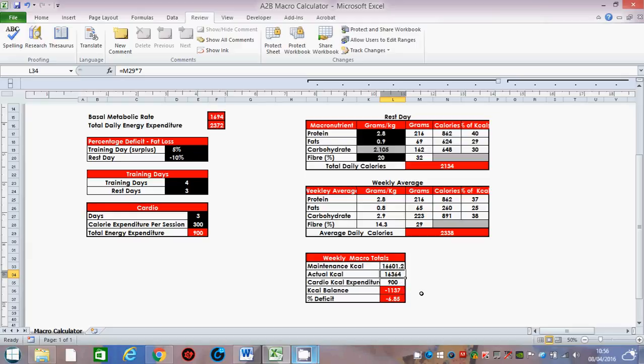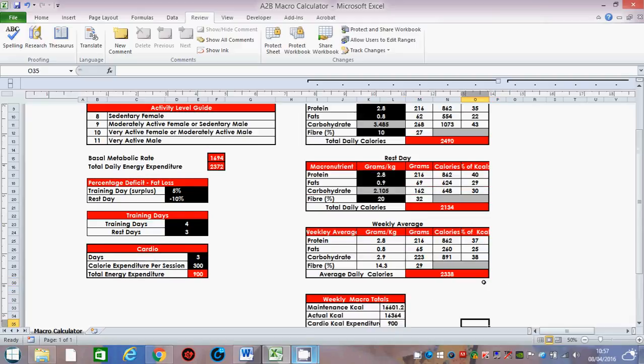So over the course of the week, that gives a calorie balance of about minus 1,137. So I was in about a 1,137 calorie deficit for the week, which, all things being correct, would start leading to a nice gradual weight loss. And we can see that the deficit over the week was minus 6.85%. So anything between 5 to 10% is generally a good figure, and obviously we can see that the cardio helped with producing that deficit.